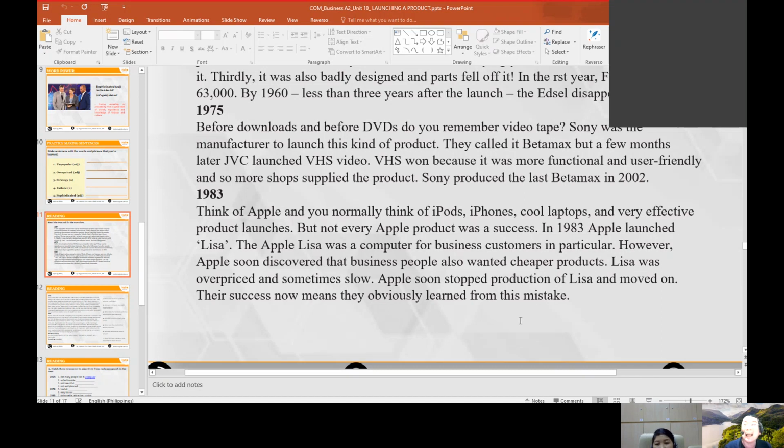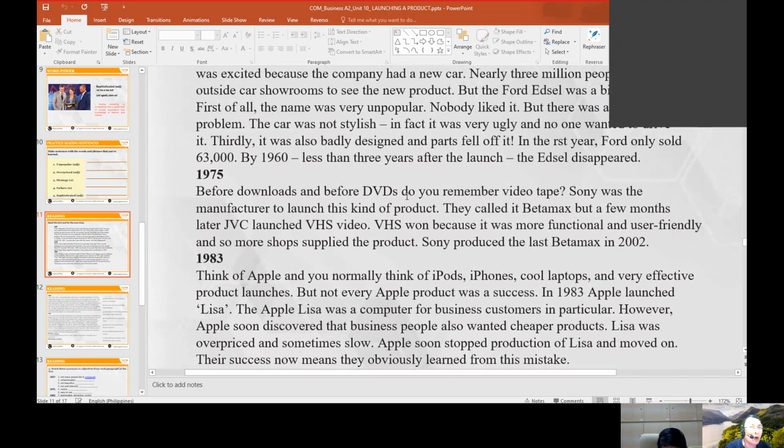Until now they have iPads, right? So that means it's very successful until now because Apple is very useful to everyone. So that was a story, okay?